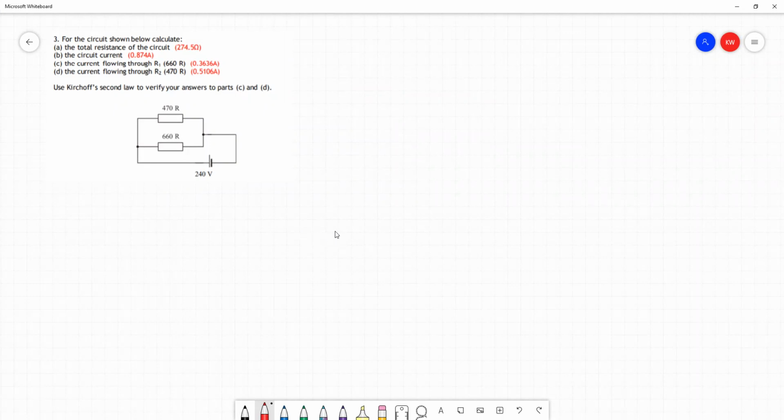So that the answers that we get in part C and D are indeed equal to the total current in the circuit, and it should be pretty clear by that point they are, but we'll confirm it at the end of the question. So part A, total resistance in the circuit.